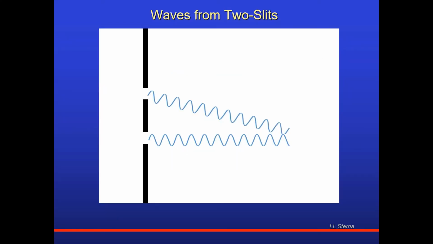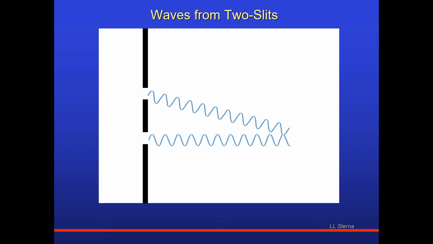Now, let's imagine two waves emanating from two slits. Now, I've drawn them here as though just two lines of wave coming out. I showed you earlier the reality. These would be like point sources, like those semicircles coming out. But I'm interested in what it looks like at one point where I observe it.